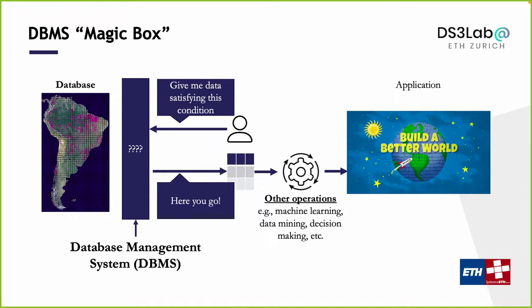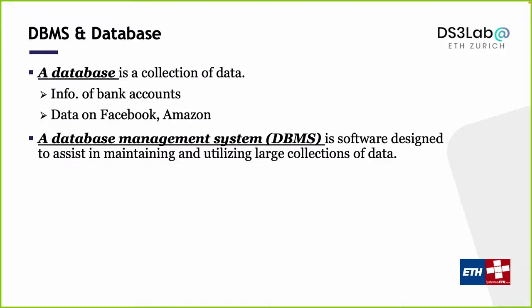But what's in the middle is a database management system, and its job is to connect the user and the data. So this is really high level. We talk about applications, and we talk about the definitions of database and database management system. A database is a collection of facts, and a database management system is what maintains and utilizes a large collection of data.